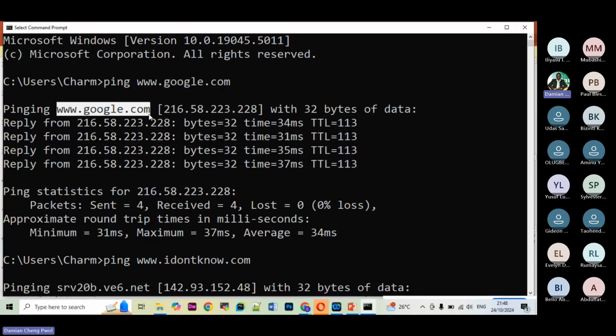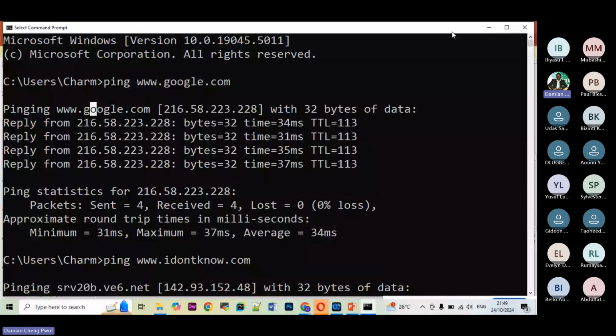Another trick that some attackers will do, sometimes you may see what looks like Google, but instead of double O, you see zero. It's not really O, but you see zero, and you think it's Google. That is not called spoofing, but it's another trick they use, where you think that you are going to the Google website.